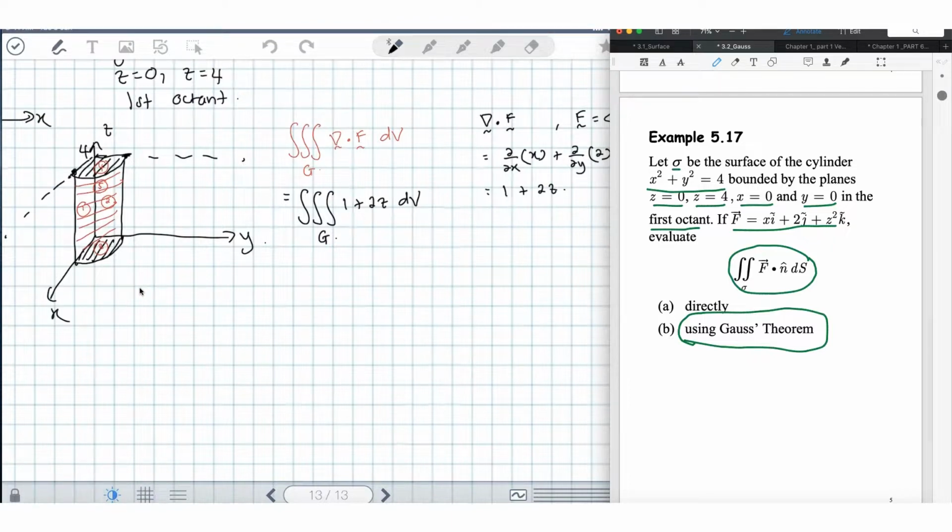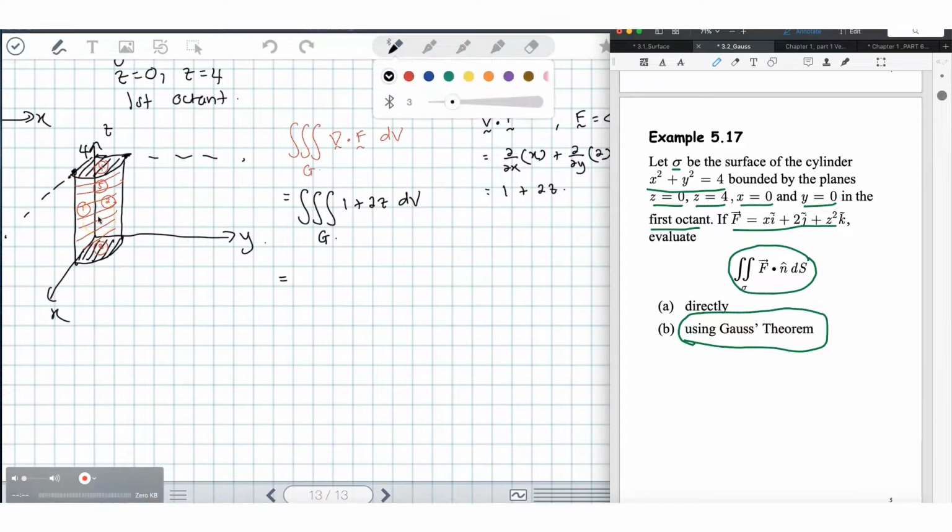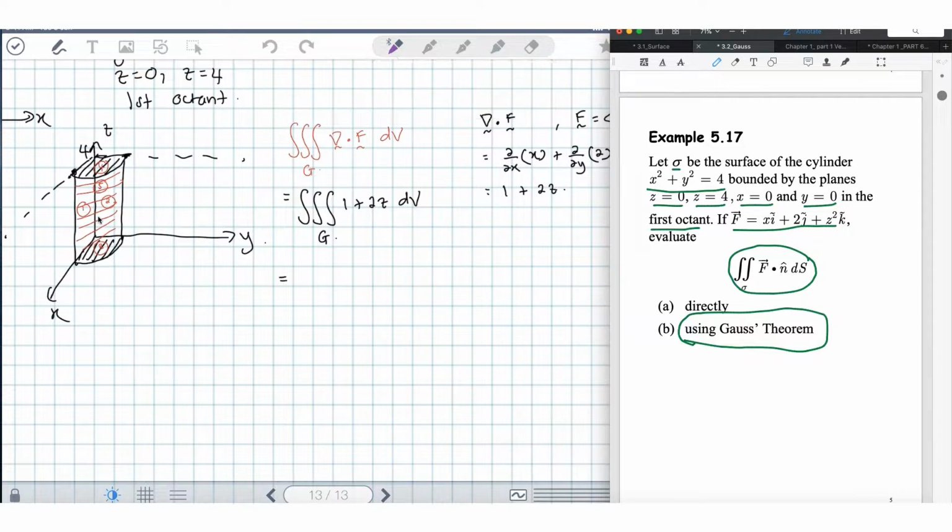So if this is your solid, now we go back to the triple integral that you have learned before. You have to decide the orientation, I mean the way you're standing inside the solid, where normally we choose this orientation.